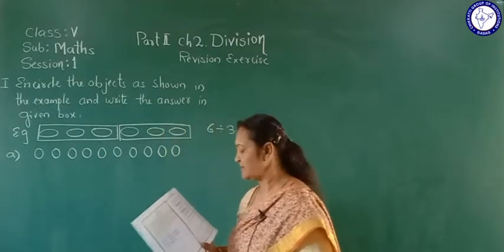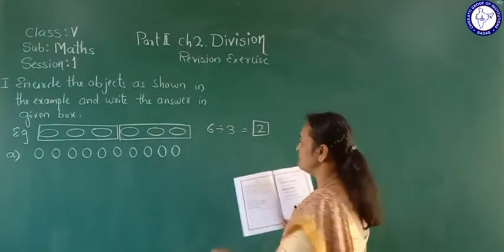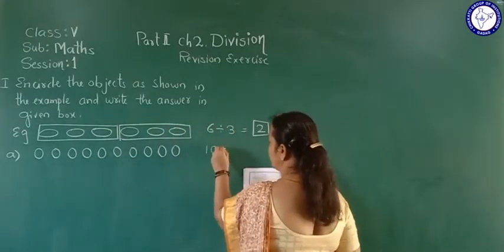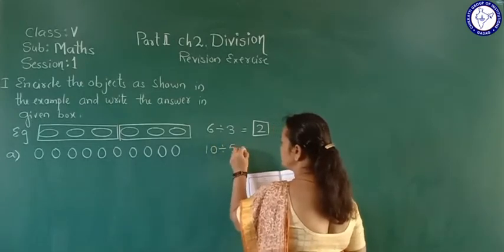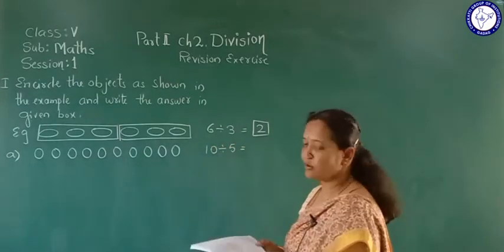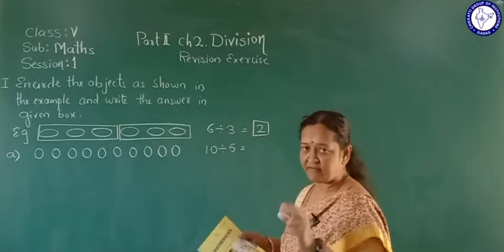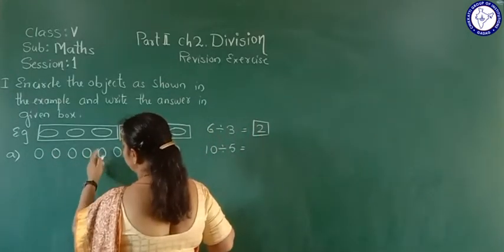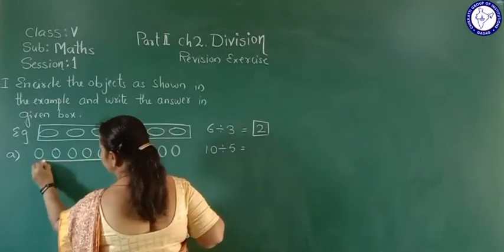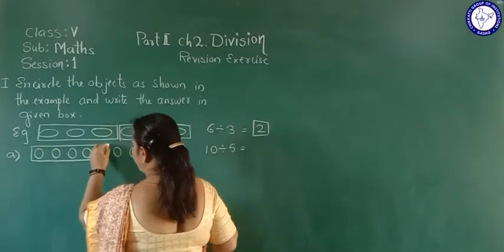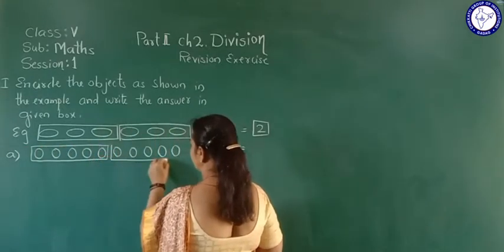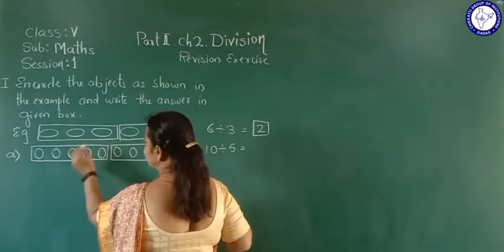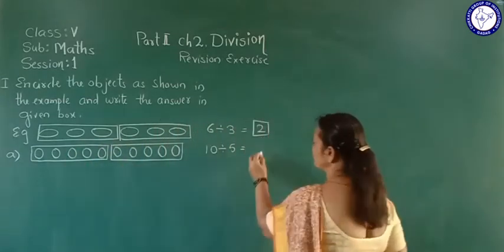Suppose these are the 10 ducks and we should divide by 5. 10 divided by 5. So how many in each group? Group of 5. 1, 2, 3, 4, 5. Make this one group and this another group. How many groups are we getting? It is 2.